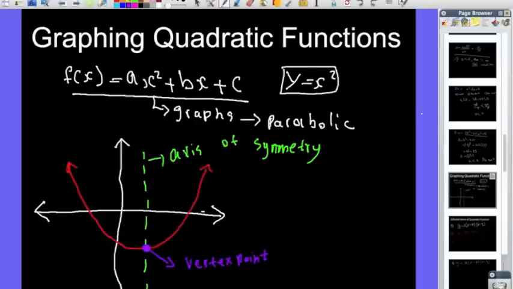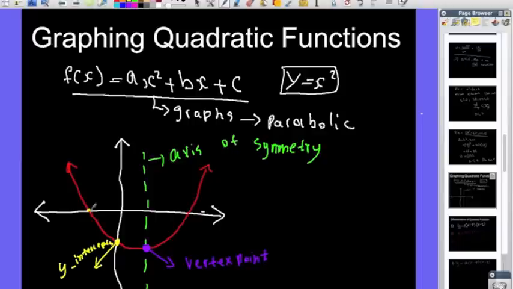Then we also have this point, which is the y-intercept, the point that cuts the graph at the y-axis.